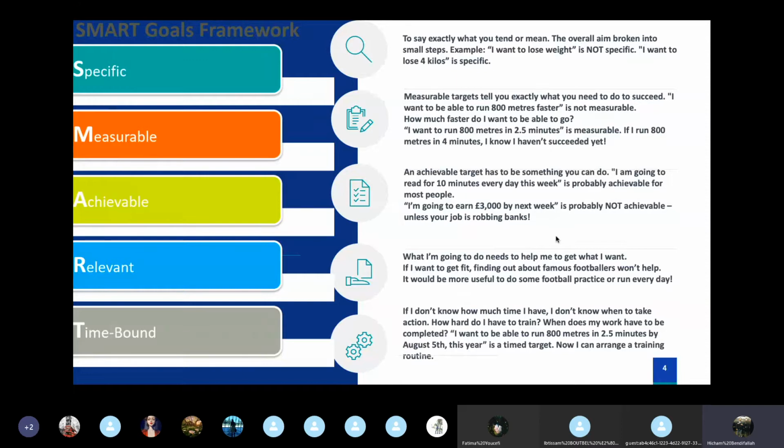Relevant. Talking about relevancy, this is a very famous word in English language teaching, SMART. Is that really what you're going to do, going to give a benefit? If I want to get fit, for example, I'm not going to just watch football matches, but at the same time, I'm going to start playing football, running, going to the gym, and things like this.